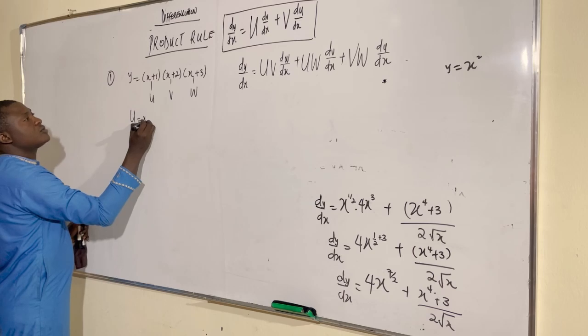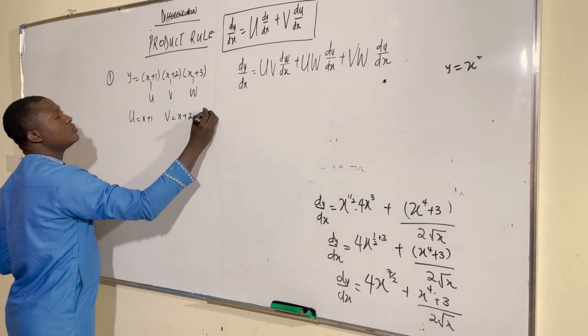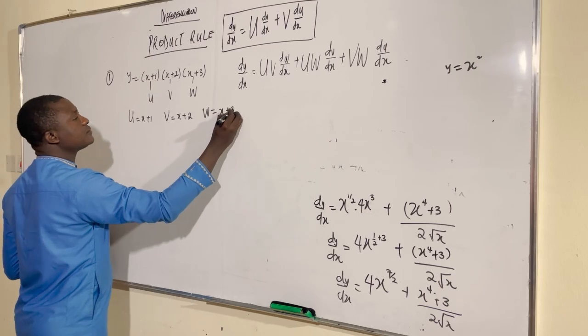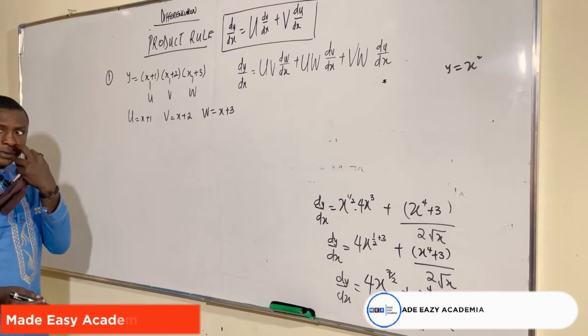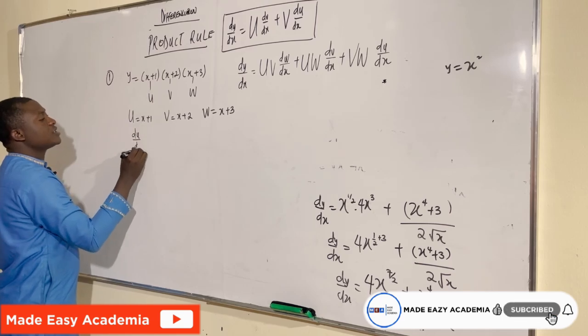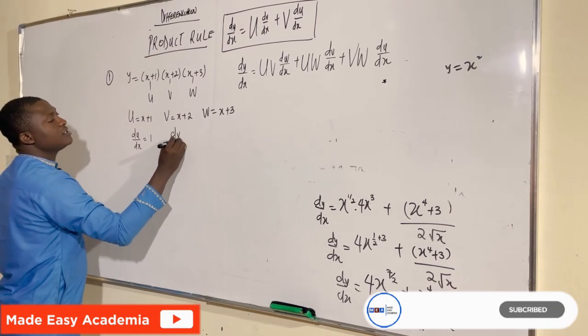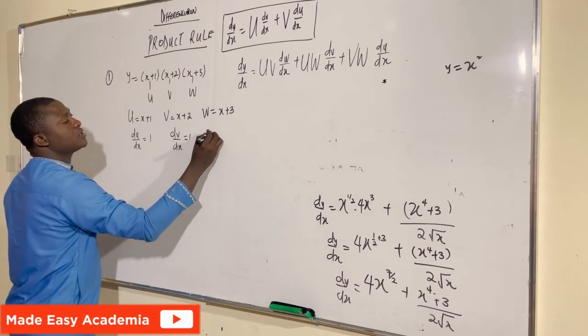So here now, u is equal to x plus 1, v is equal to x plus 2, w is equal to x plus 3. So I will differentiate the first one, the second one, and the third one. So here we have du/dx. Differential of x is nothing but 1. Differential of 1 is 0. dv/dx as well is also 1.